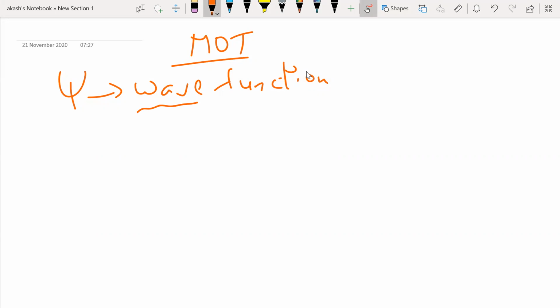If I add two waves, you can get a bigger wave. When I subtract two waves, you can get a smaller wave. I'll tell you what I mean by adding and subtracting. I think in your physics you should have heard this term, and it will be easy for me to explain if you know this.